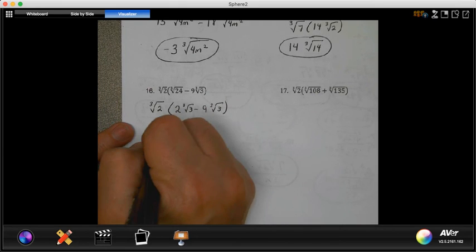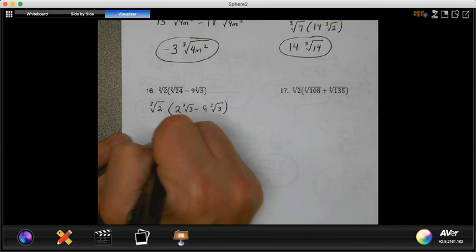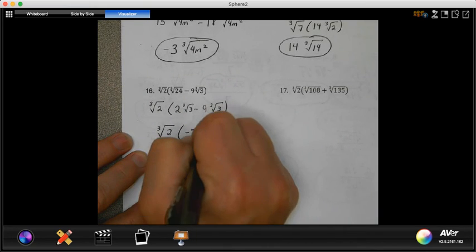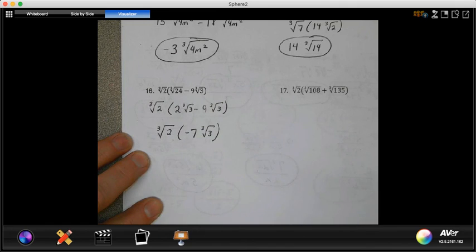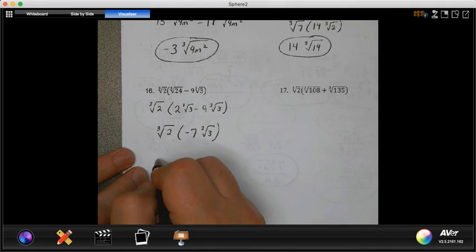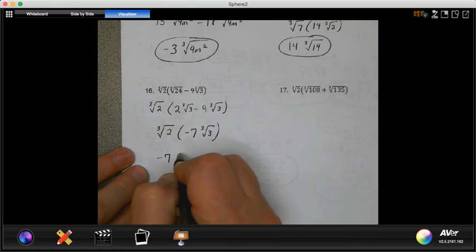Inside the parenthesis, I get cube root 2, parenthesis, negative 7 cube root 3. So this ends up being the same problem as we did up here. This negative 7 times 1 is negative 7. And then the cube roots multiply together. 2 times 3 is 6. So that's the cube root of 6.